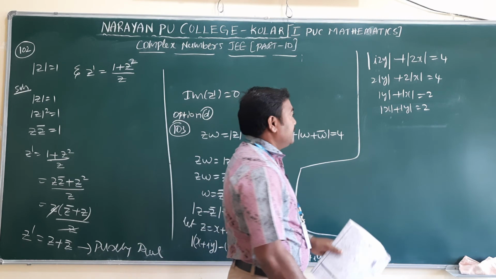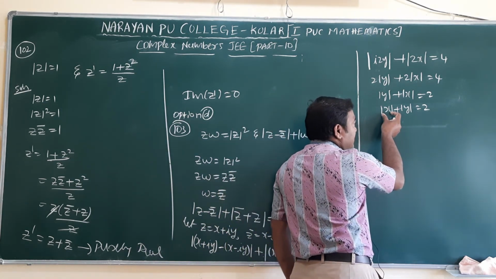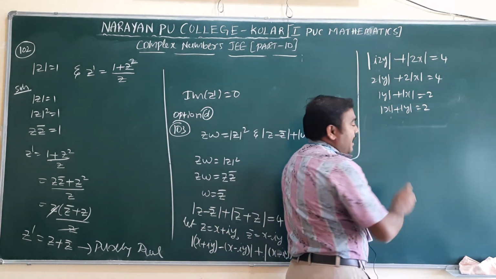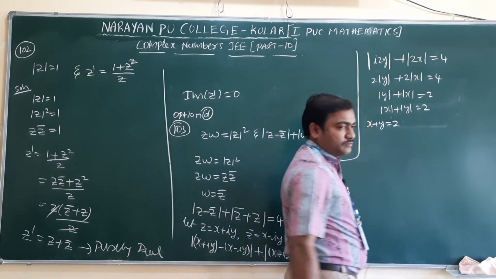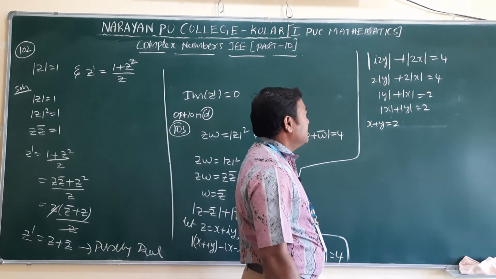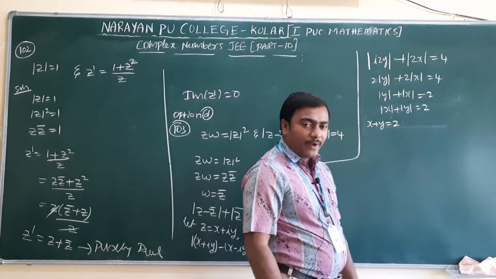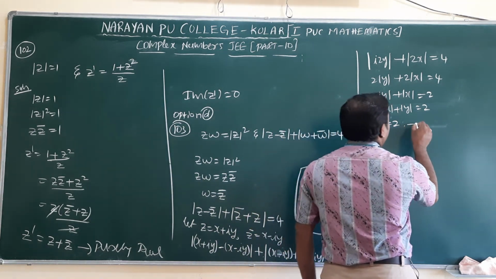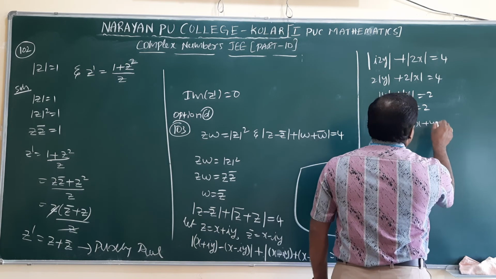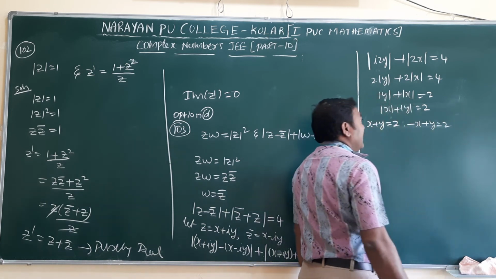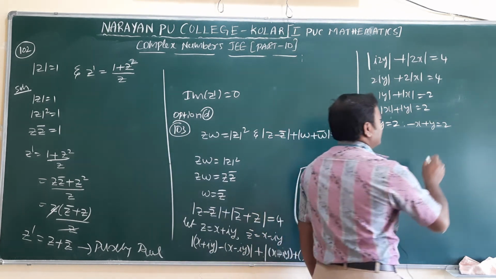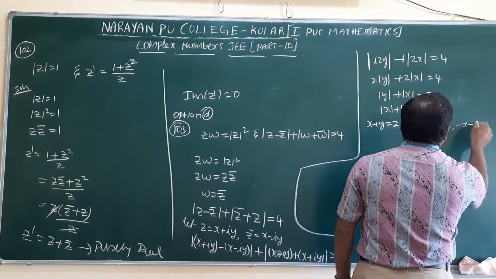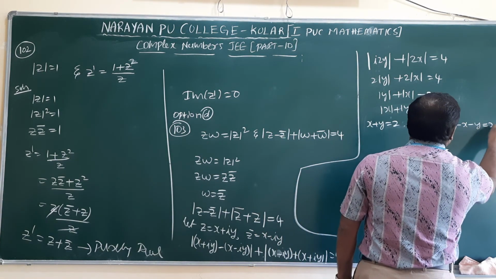In the first quadrant, x is positive and y is positive, so x plus y is equal to 2. In the second quadrant, x is negative, y is positive, so minus x plus y is equal to 2. In the third quadrant, x is negative, y is negative, so minus x minus y is equal to 2.